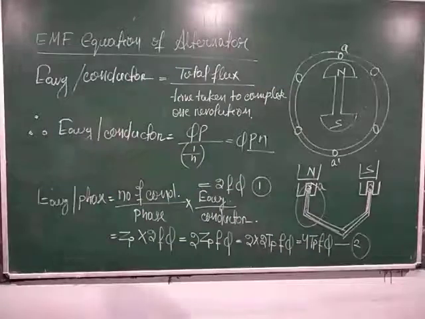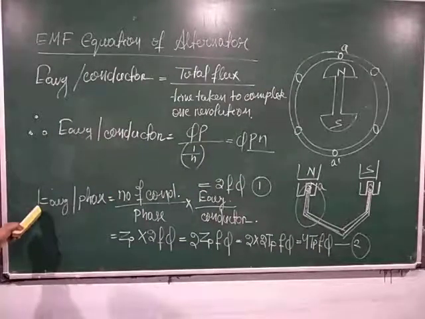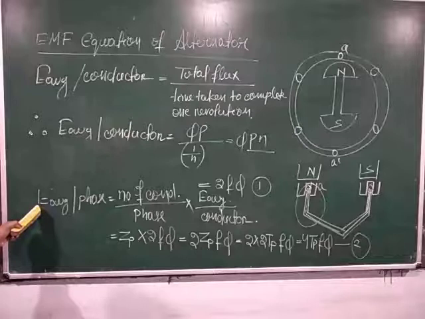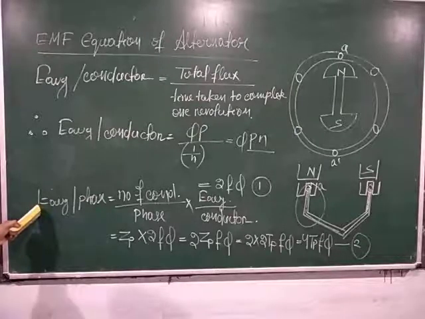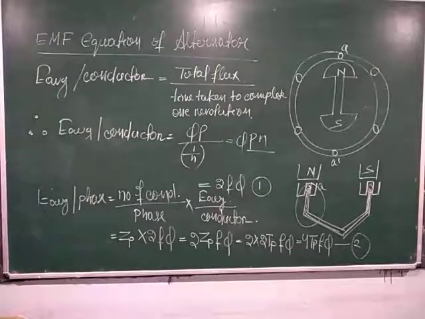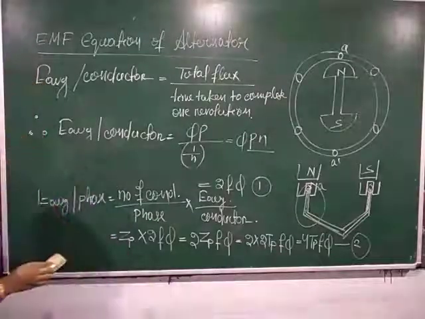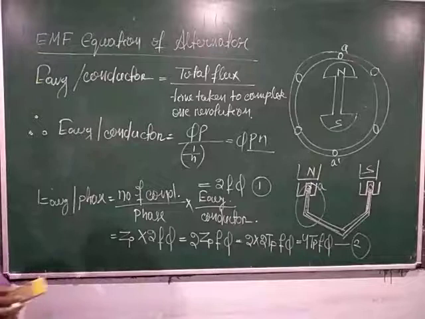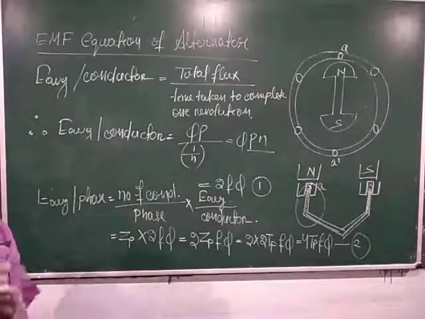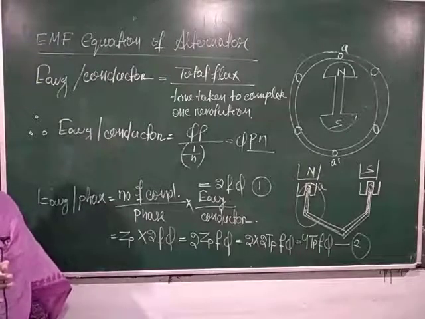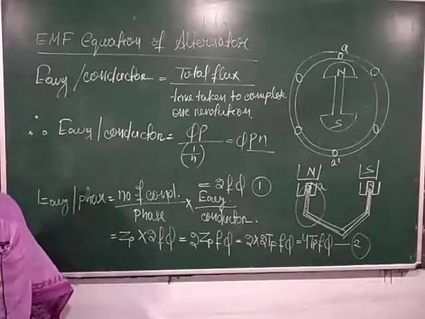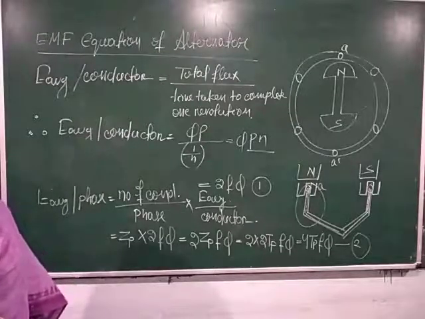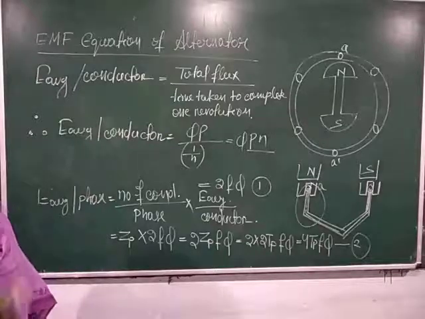This is the average value of EMF induced per phase. Now I derive the RMS value of EMF induced per phase. You know that the RMS value is the product of form factor and the average value. What is form factor? Form factor is the ratio between the RMS value of an alternating quantity and its average value.